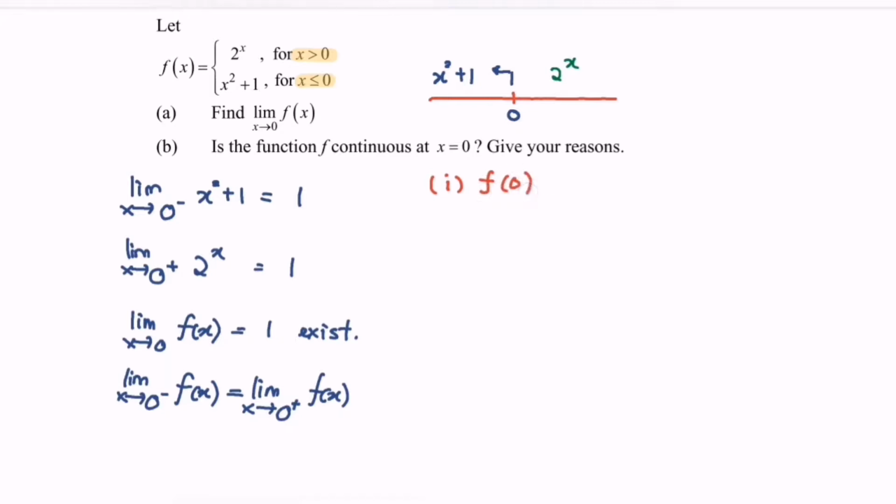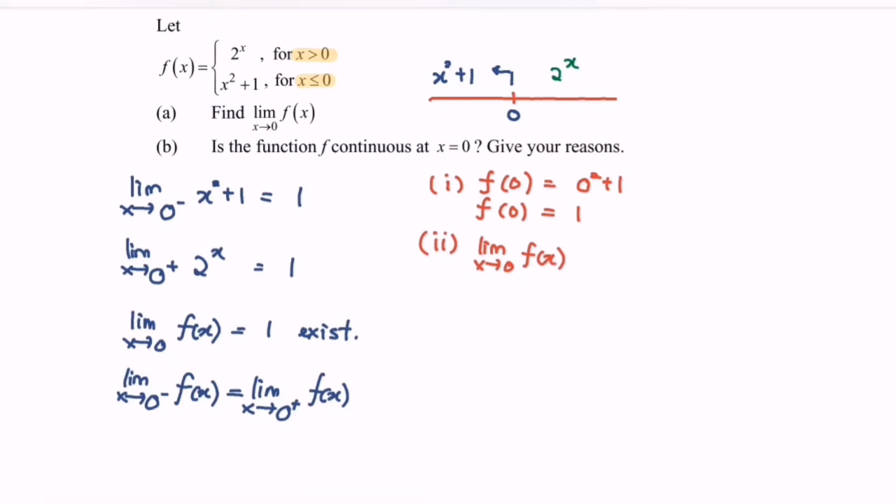f(0). So by referring to the number line, f(0) means that we are going to use x squared plus 1. So we have 0 squared plus 1. So f(0) will be equal to 1. Second condition, does the limit when x approaches 0 for the function f(x) exist or not?